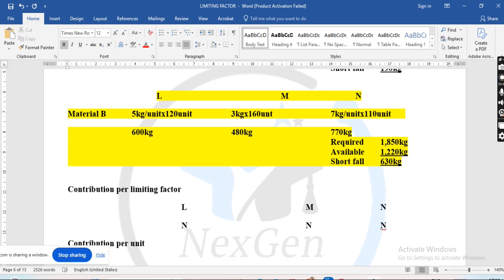What is the contribution per unit? 15, okay, 15, 12, 12, 17.5. Okay.